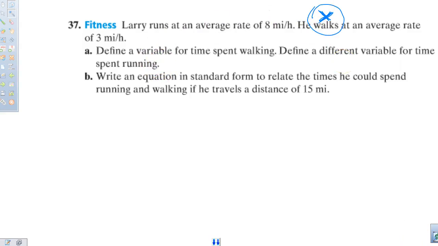If I write X above walking, do people know that X means walking? And then we have to use a different variable for time spent running. What are we going to do for running? Y, good. So above the word run right here, I'm going to write a Y. And that tells my reader that Y stands for running. I want you guys to go ahead and write an equation for letter B.